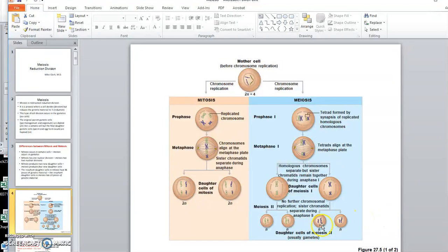If it's a male, you get 4 sperm eventually. If it's a female, you get 3 polar bodies and 1 egg. Along the way, you do this called crossing over, which rearranges the genetic material so that all the chromosomes will have a piece of mom and dad on them. And I'm going to let that be all I'm going to say on meiosis.